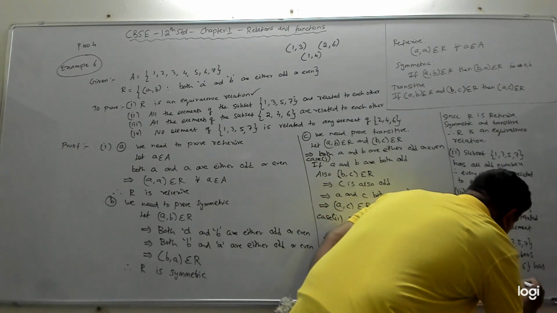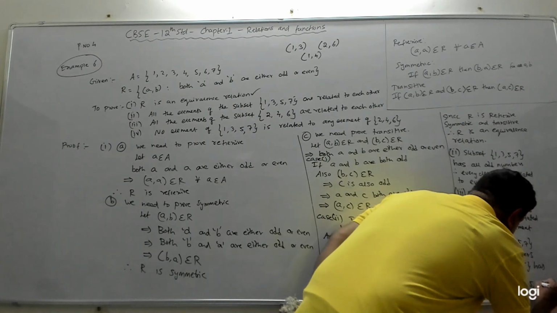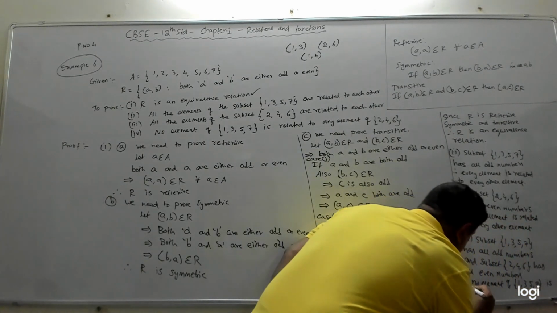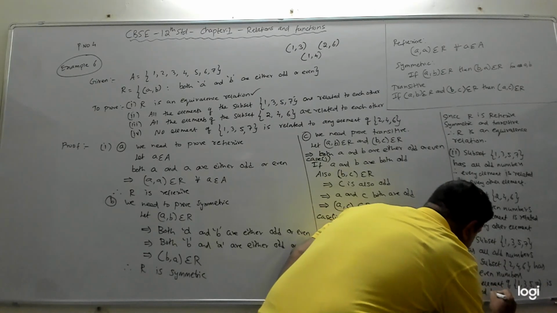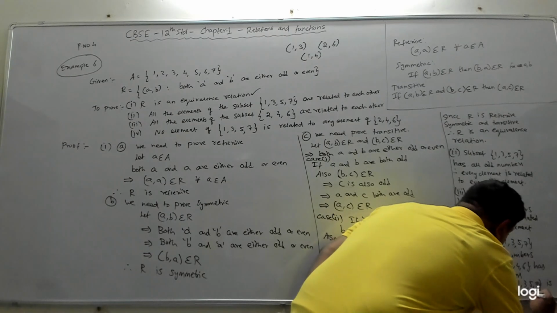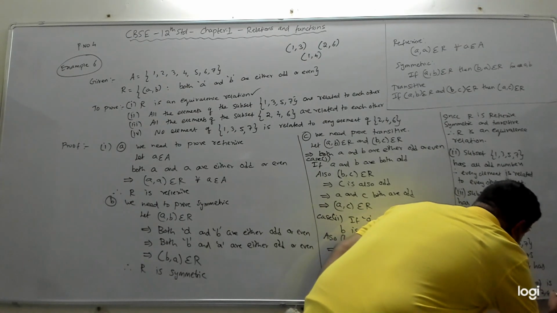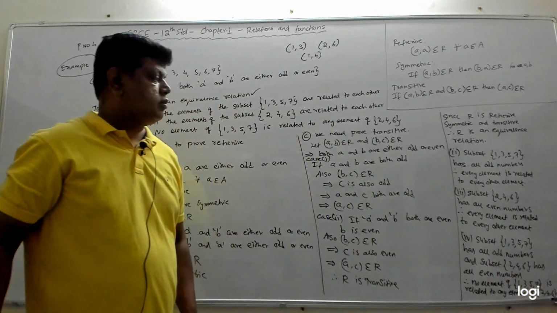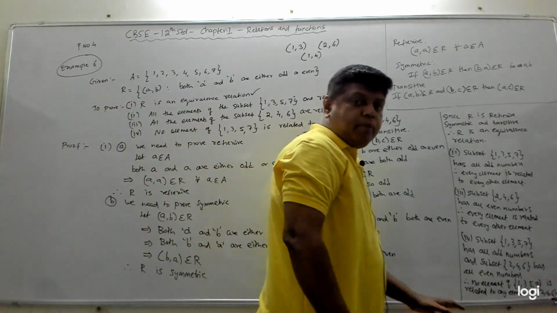of 1, 3, 5, 7 is related to any element of the set 2, 4 and 6, right? No element.